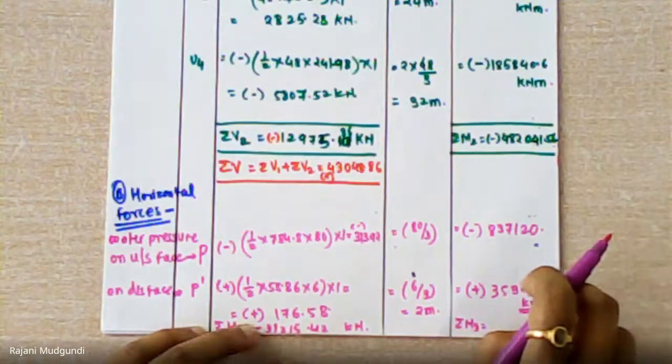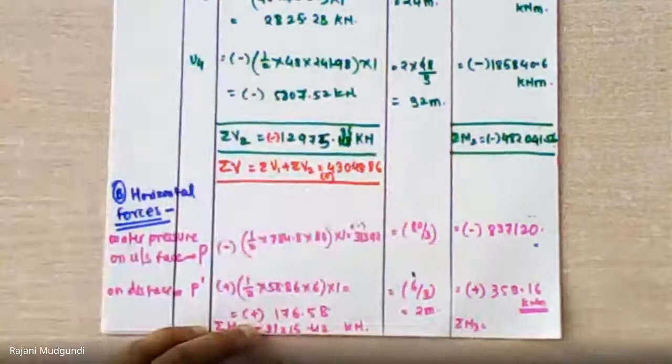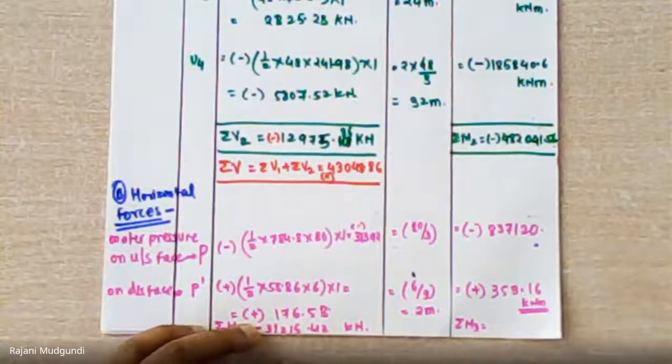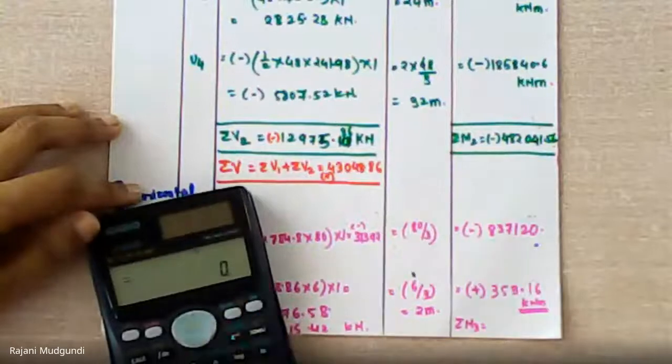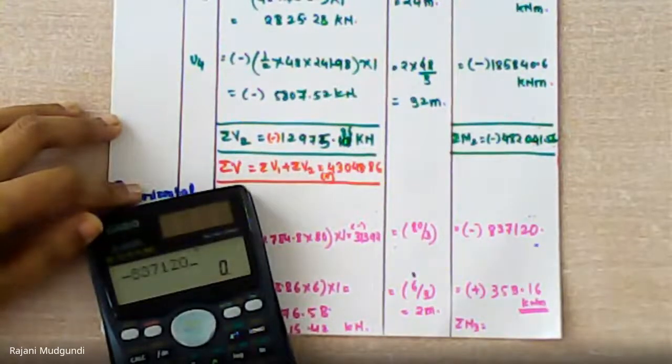Just check the values. Minus 837120 plus 353.16.